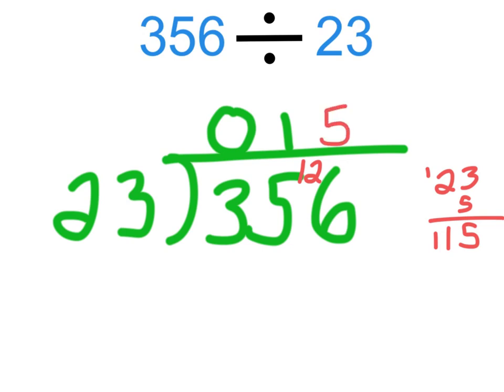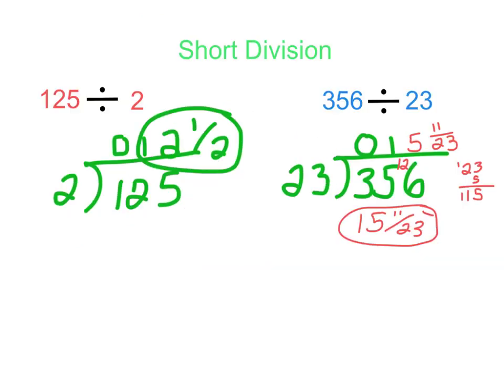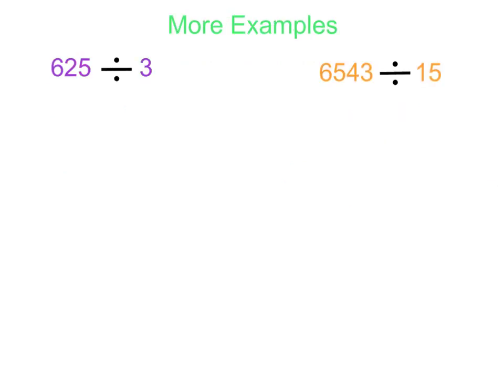And again, my remainder is 11. Same answer, but I don't have to bring anything down. And I have the same two answers that I had on the previous page.